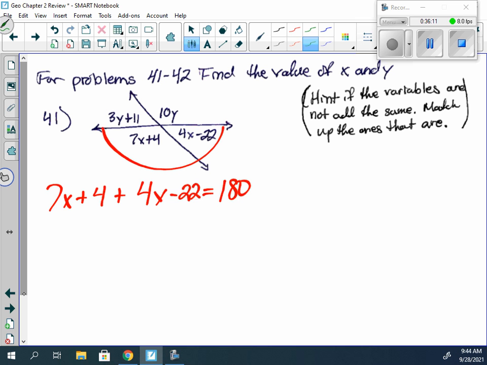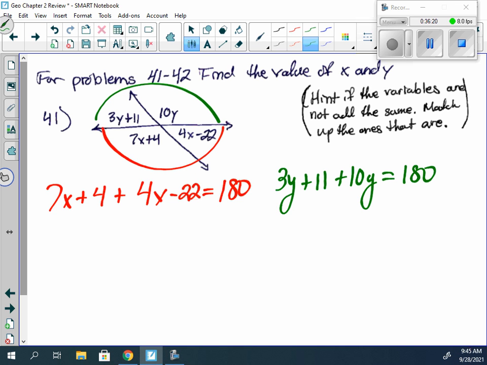We can also say that the top two make a linear pair, so 3y plus 11 plus 10y equals 180. Depending on how it's set up is dependent on what we do. If the vertical angles match up, x and x, y and y, we can use them. Here, we have to use linear pairs.